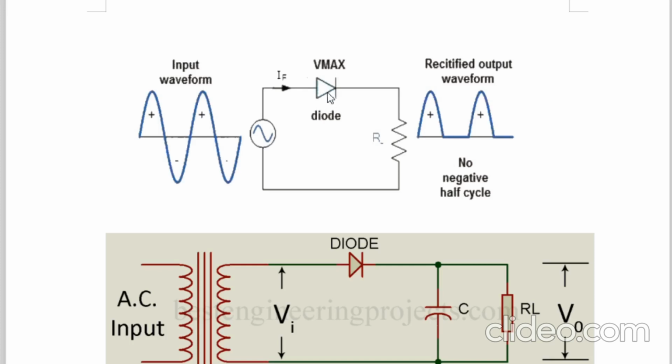So 0.7 volt is the voltage across the PN junction diode, you can say, not a drop. So how much remains? The remaining is 0.3 volt. So only 0.3 volt will be the peak voltage at the output of this particular pulse. 0.7 volt is the minimum voltage required by the PN junction diode.